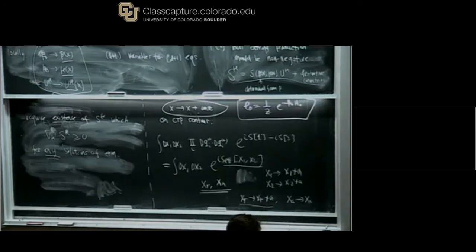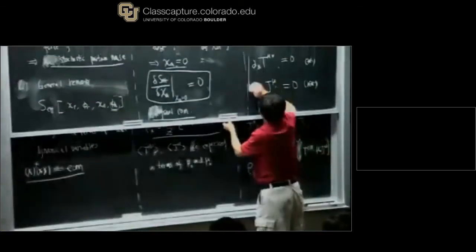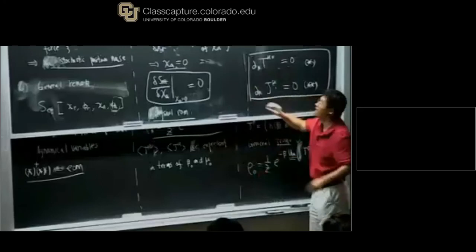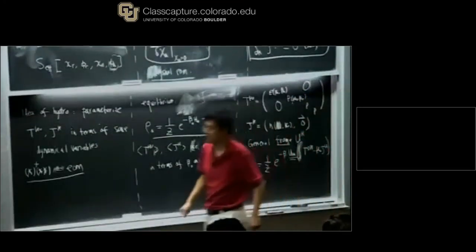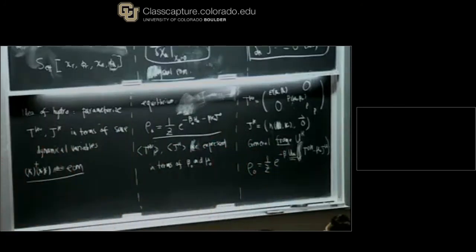So these are your equations of motion. In the conventional formalism, you have to impose this first law by hand. Then you have to impose the second law by hand. And then you also have to impose the time reversal symmetry by hand.